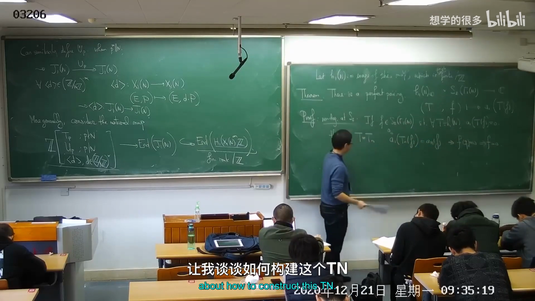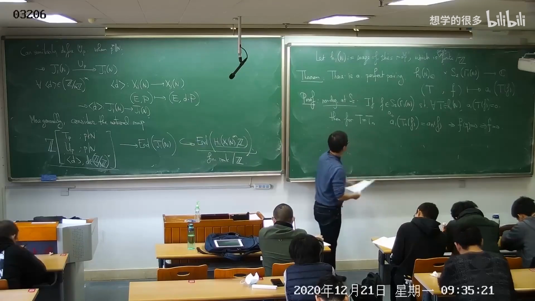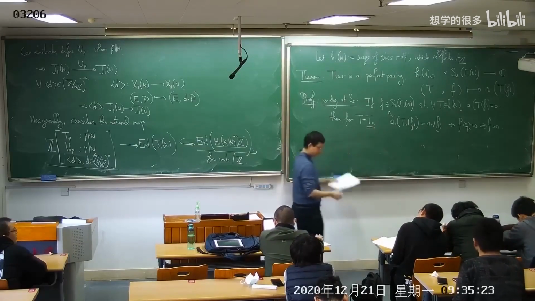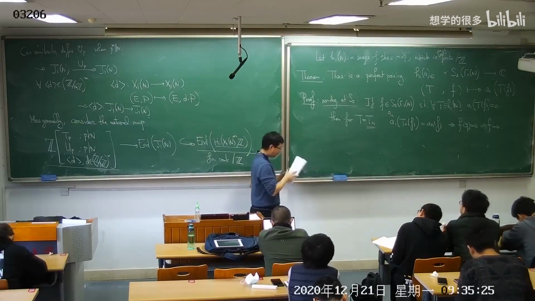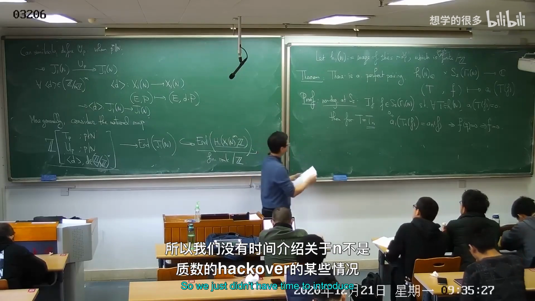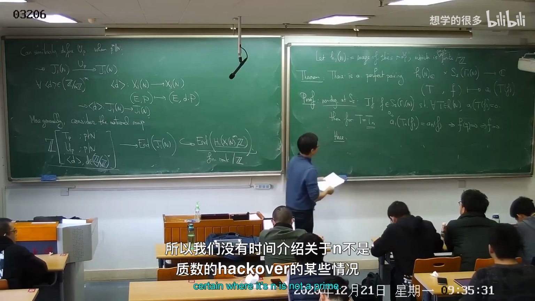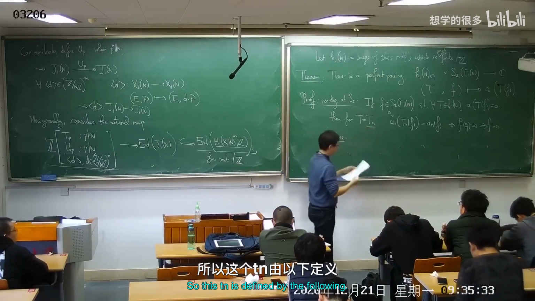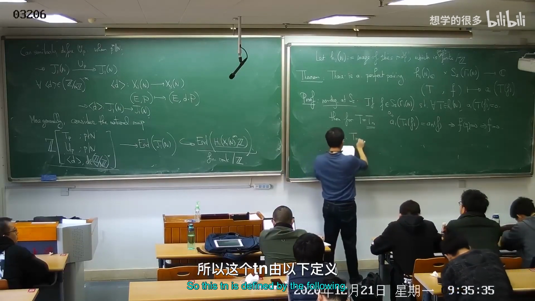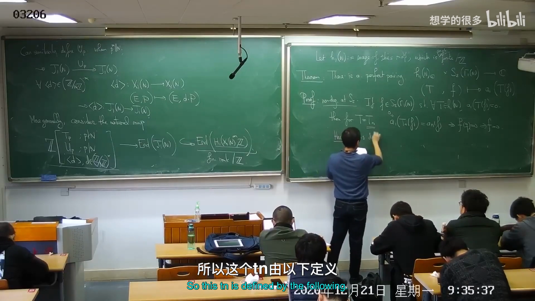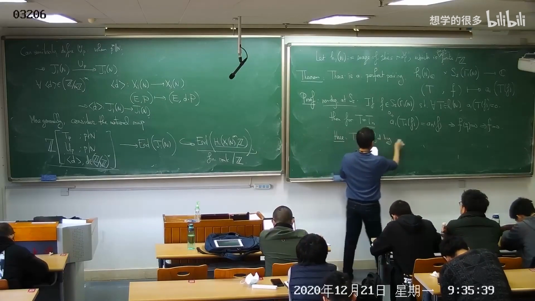So let me say a little bit about how to construct this T_n here. It's not that bad. We just didn't have time to introduce these Hecke operators where this n is not a prime. So this T_n is defined by the following.